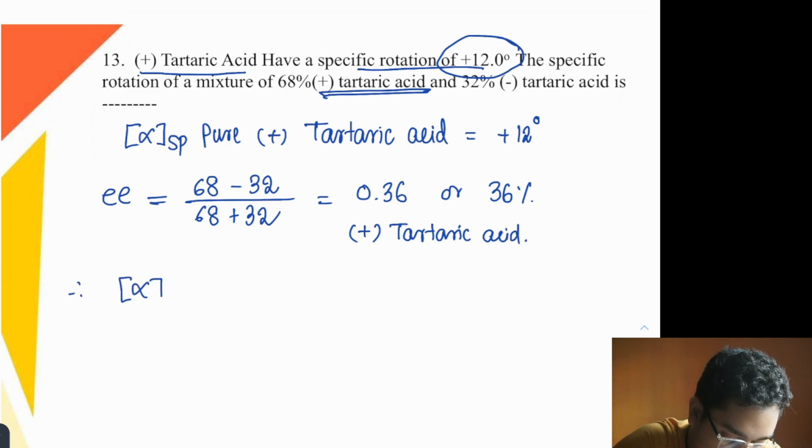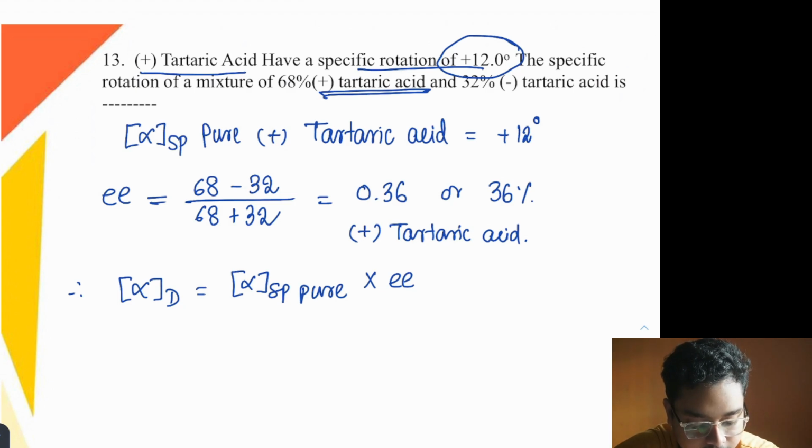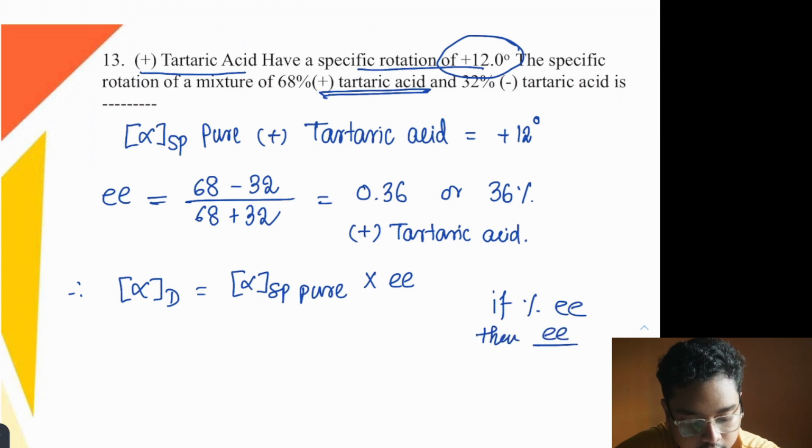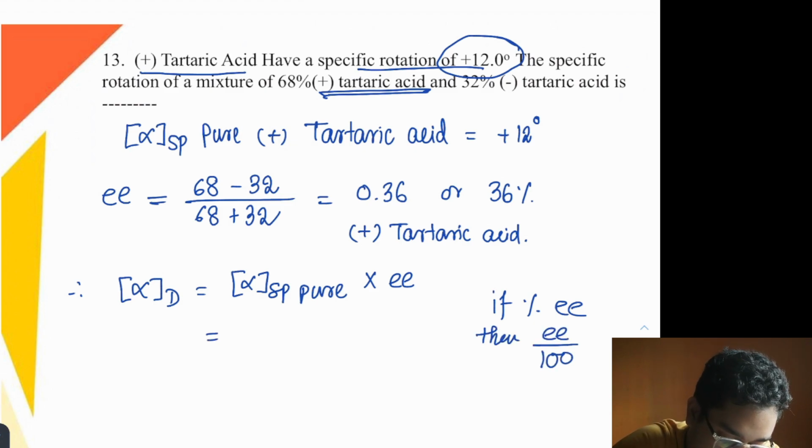So we determine alpha D equals alpha sp pure into E, and if E is in percent, then E by 100. So we simply put the values here.